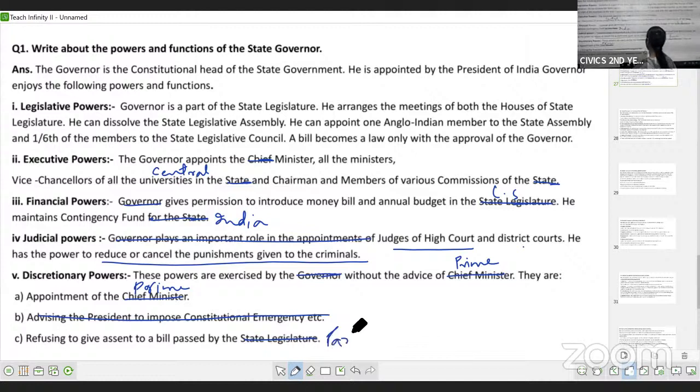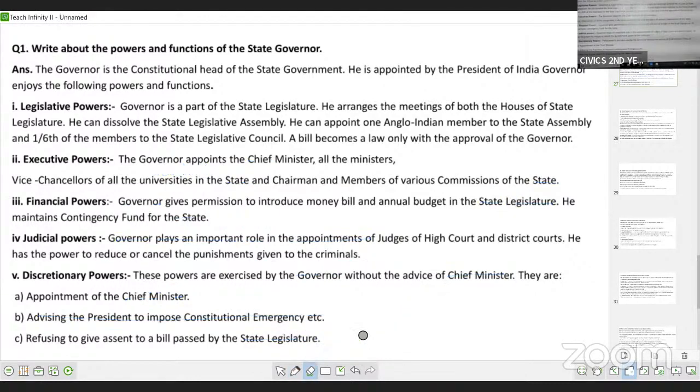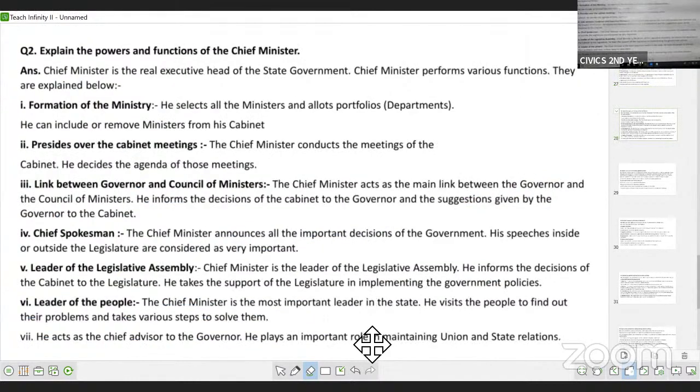This 5 points, half of the answer you can write like this, making small changes in the answer. When you are thorough with president, you can write governor. When you are thorough with governor, you can attempt the president's answer. And president, he enjoys some emergency powers which governor does not have.